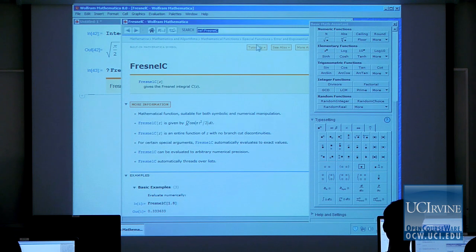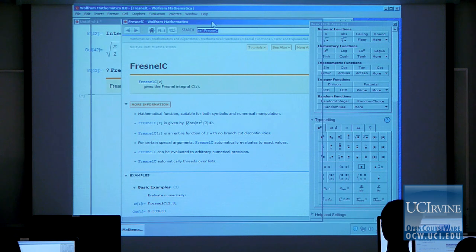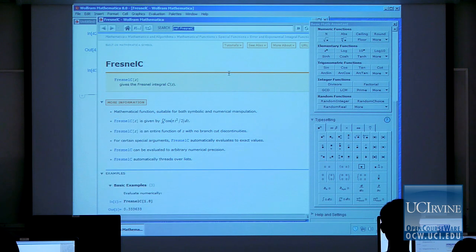And we see that essentially FresnelC is the integral that we seek. So that integral doesn't have a closed form expression. It actually defines a mathematical function, called the Fresnel function. Okay?